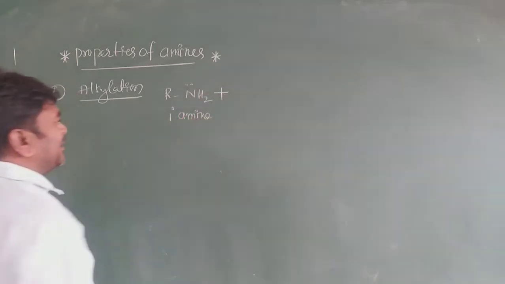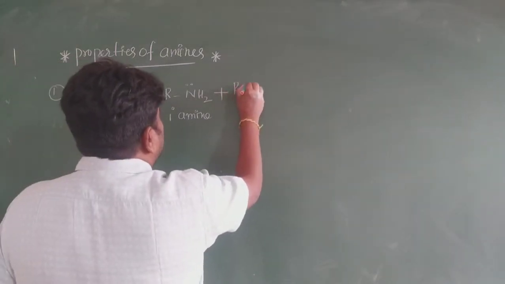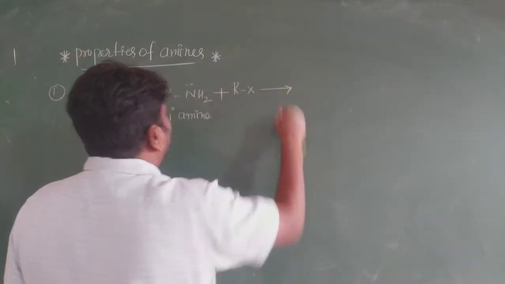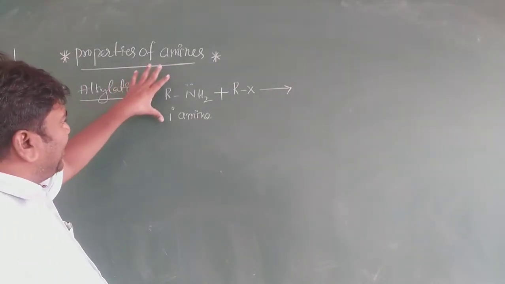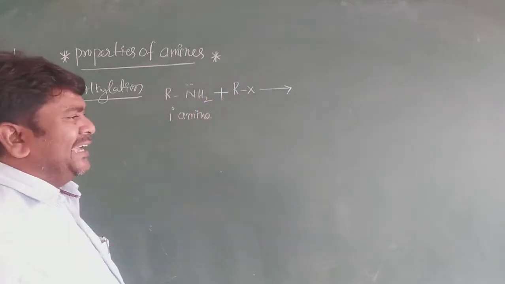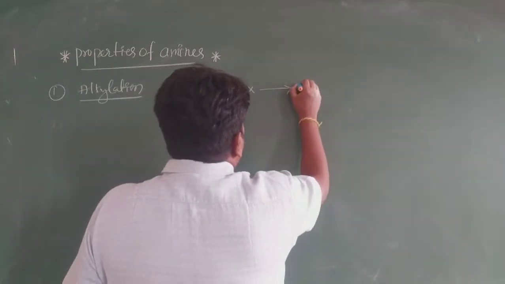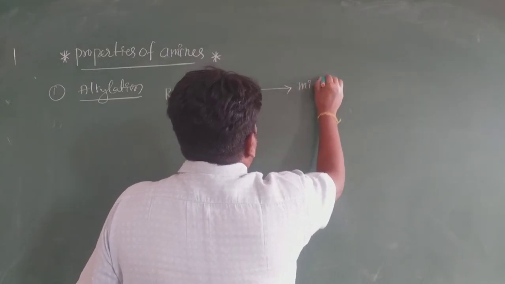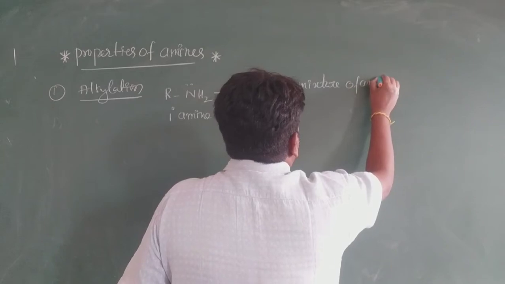A primary amine reacts with an alkyl halide, that is RX. What happens here? In alkylation, a primary amine reacts with an alkyl halide to form a mixture of amines.